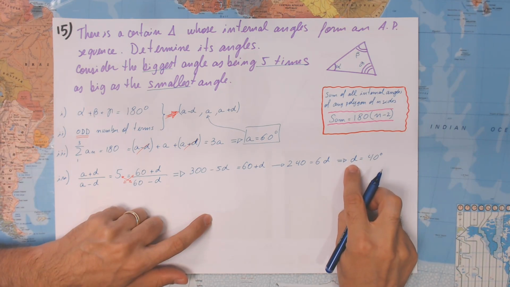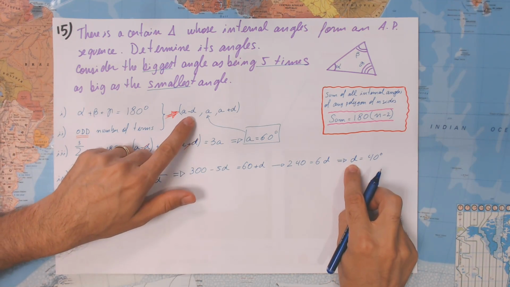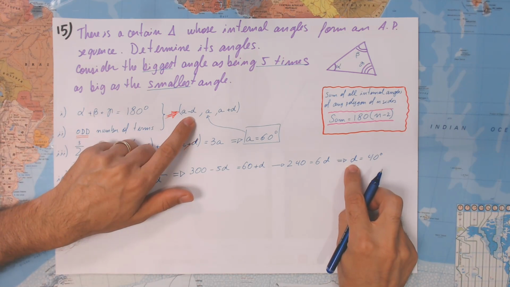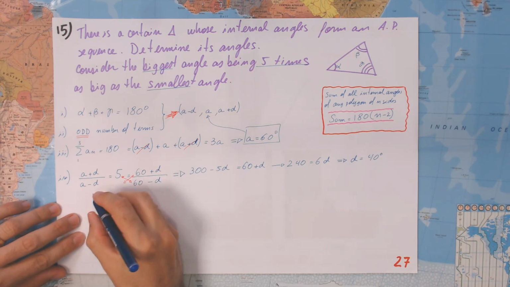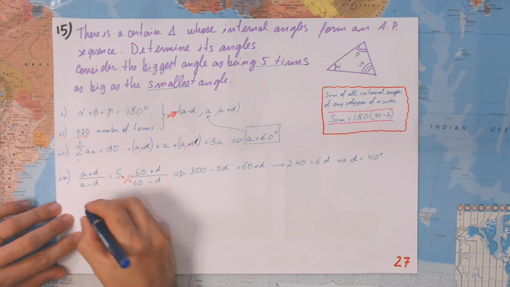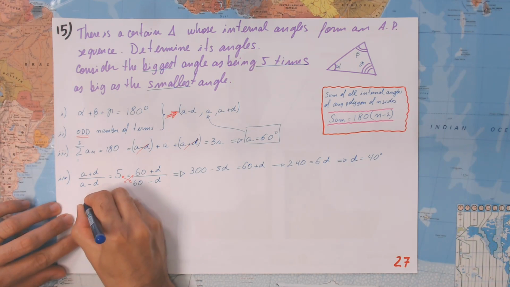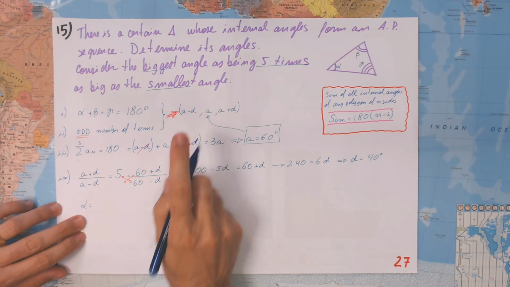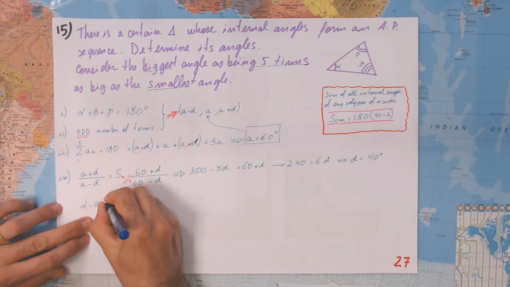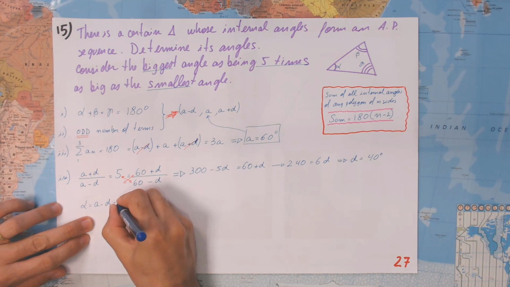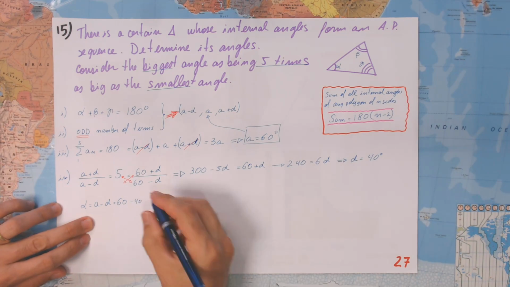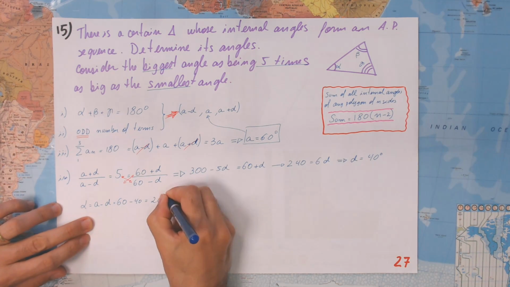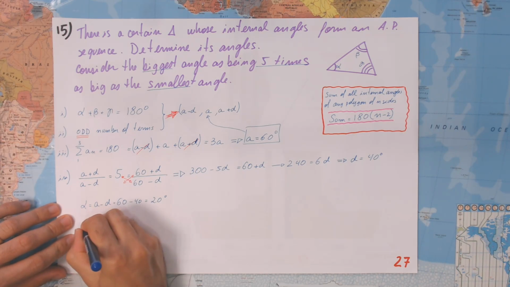Now, what is D? D is going to be the common difference. So, what is the first term? It is going to be one angle, like alpha. It is going to be what? A minus D. A is 60, minus D, D is 40. The first angle is 20 degrees. What is beta?